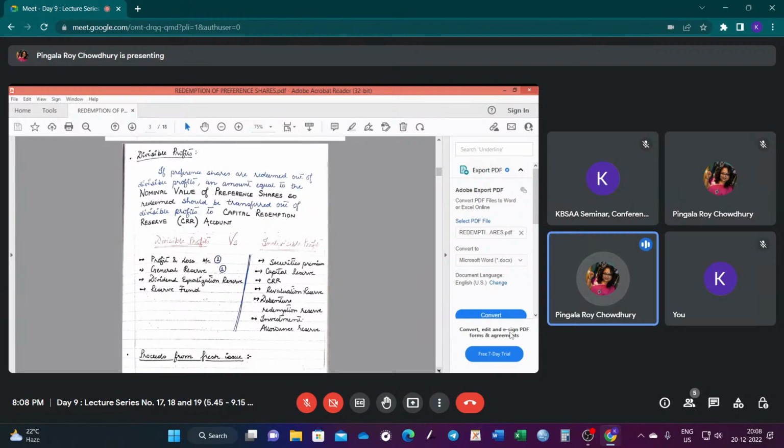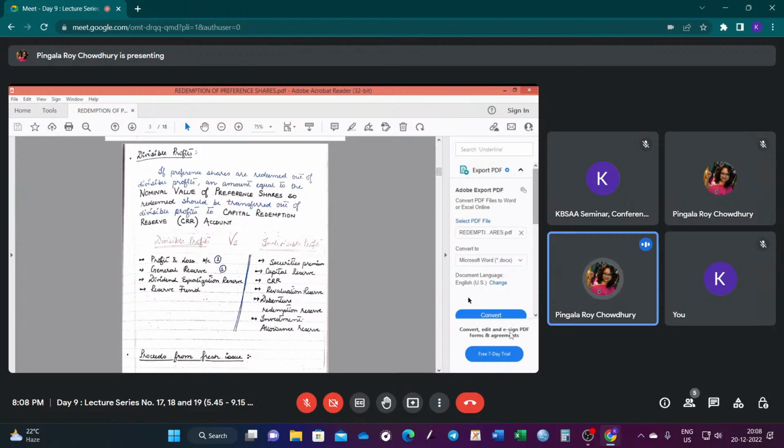Next is revaluation reserve. What is a revaluation reserve? If you remember, you have done partnership, admission of partners. In cases of admission of partners, there has been valuation of assets and liabilities. New valuations of assets and liabilities, when asset values increase or liability values decrease, whatever be the situation, we used to pass it through revaluation account. So that is what we mean by revaluation reserve.